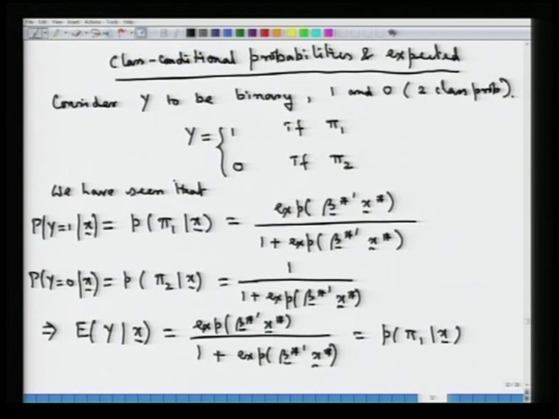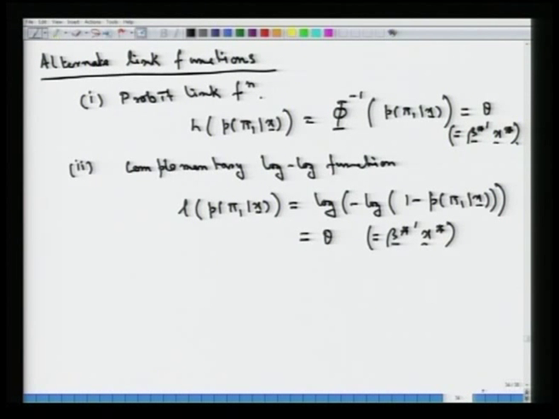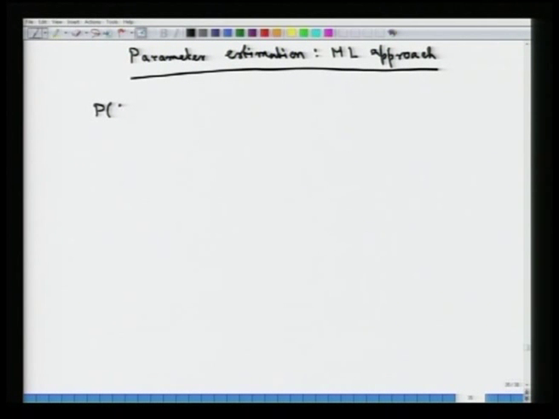We have the yi's defined in this particular way, and the probability that Y equals yi is given by p(π1 | x) to the power yi, into 1 minus p(π1 | x) to the power 1 minus yi.